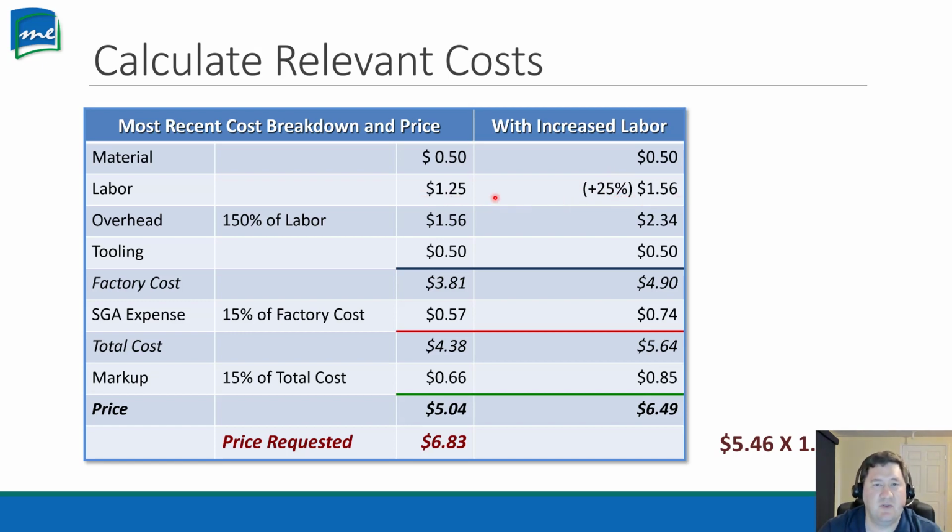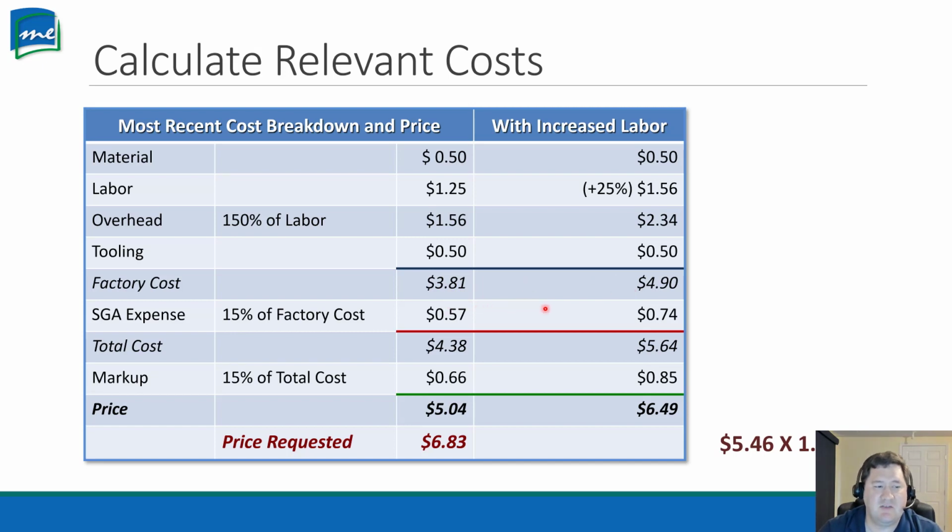Before it was $1.25. Overhead is 150% of labor, so 150% of $1.56 is $2.34. Then we add tooling, which did not change. So our overall factory cost went from $4.13 to $4.90.